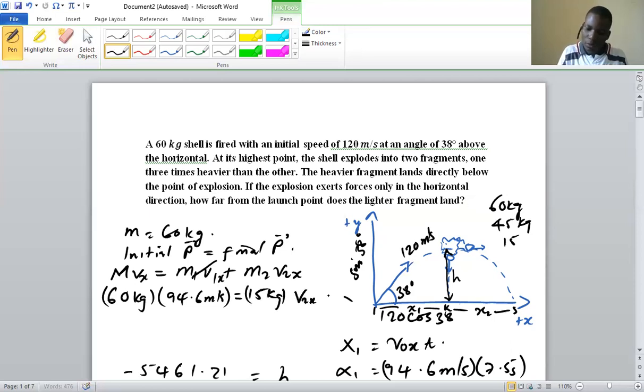Okay, so we have 15 kg times v2x. So we can calculate our speed now, which is 94.6 by 60 kg. We get momentum 5676 divided by 15 kg.